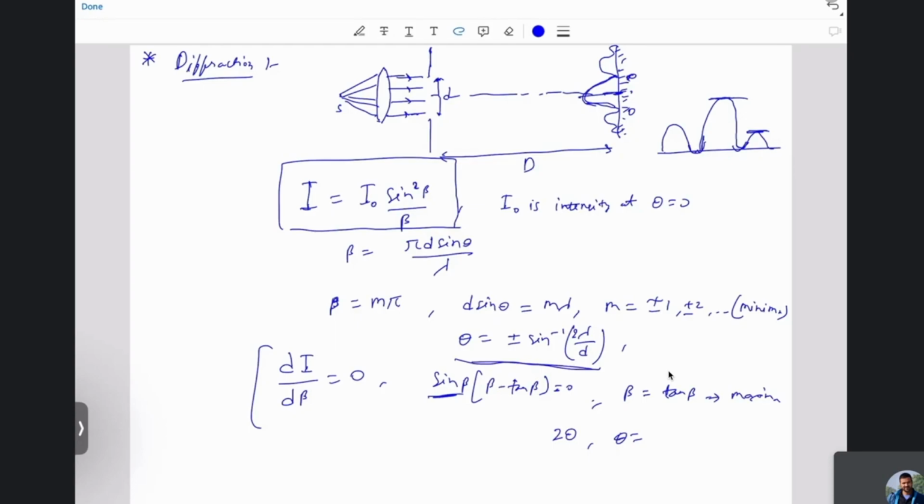But what is theta in terms of which d? Capital D or small d? You're saying lambda by d.